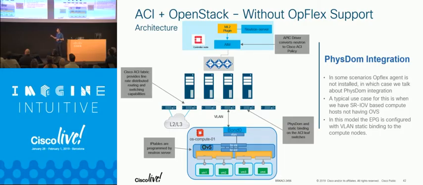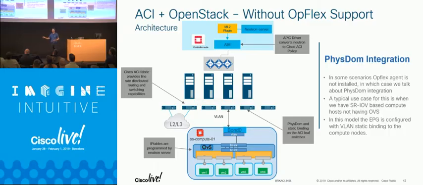So how will it work? It's slightly different from the previous slide, right? So the idea here is that, again, the Neutron server will instruct the AIM controller, so the ACI integration module, and this will create, again, the tenants, the EPGs, the bridge domain, and all these things. But in this case, we don't have any OpFlex policy rules provisioned to the host.